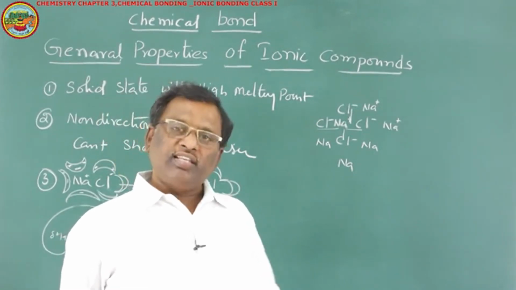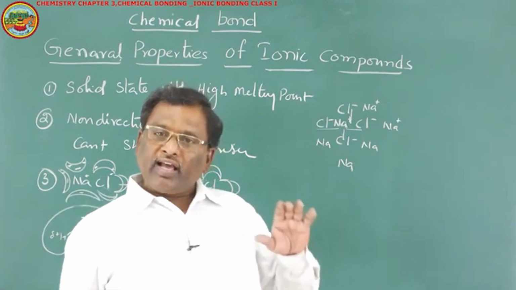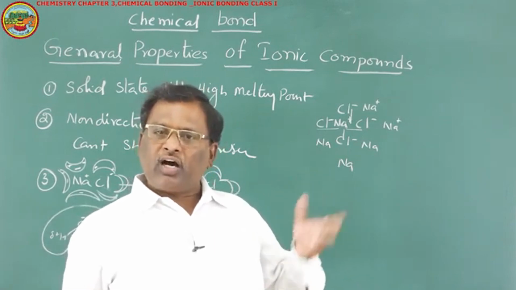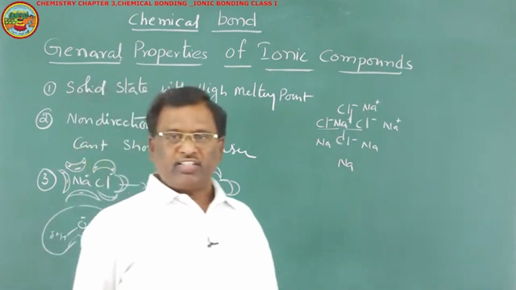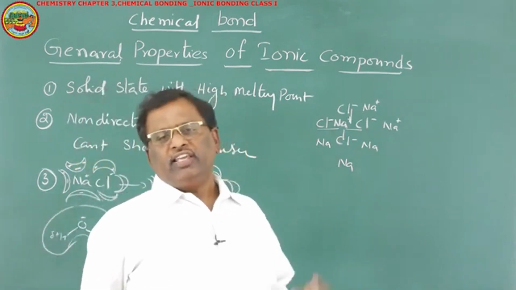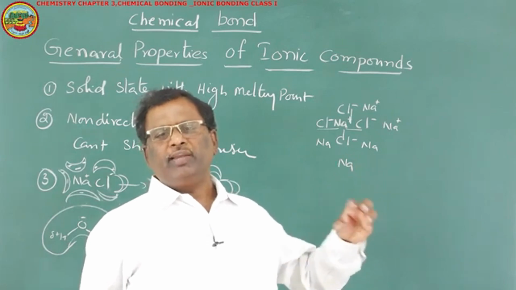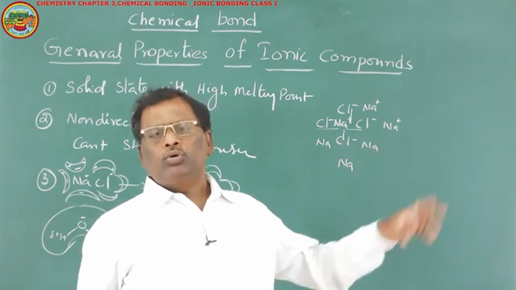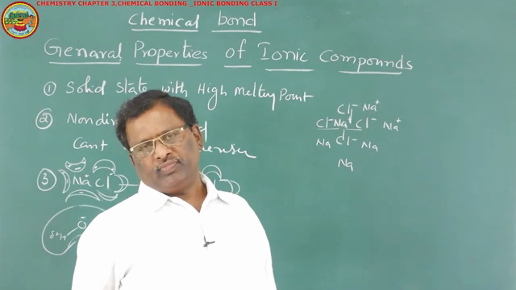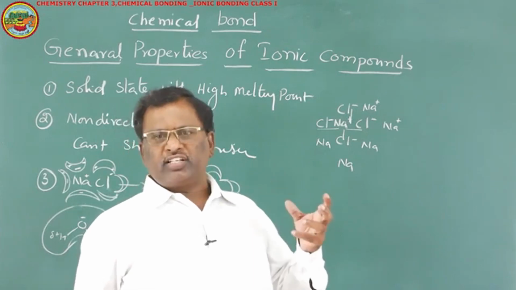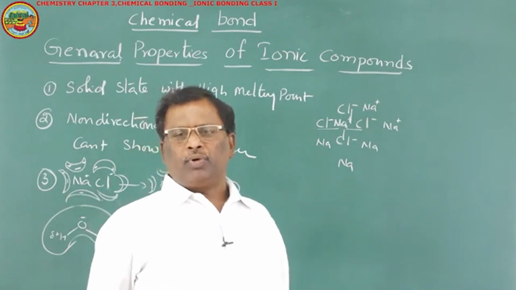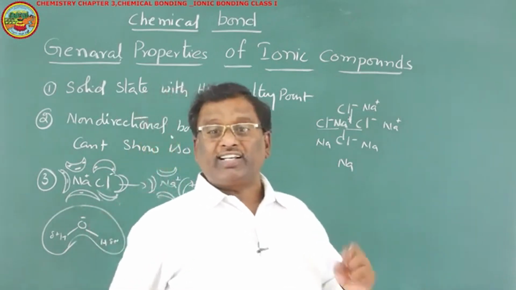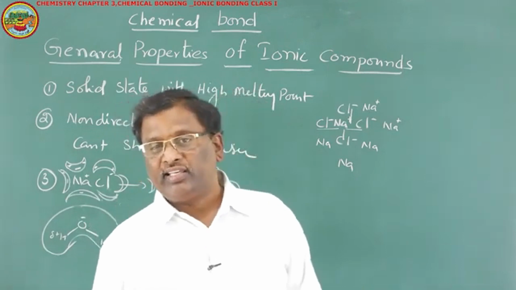Next, since they are in ionized state, in molten state or in aqueous solutions, ionic compounds are in liquid state. In their liquid state, each ion behaves as an independent unit and they move in all directions. Because of this, in fused state and in aqueous solutions, these ionic compounds will act as good conductors of electricity.